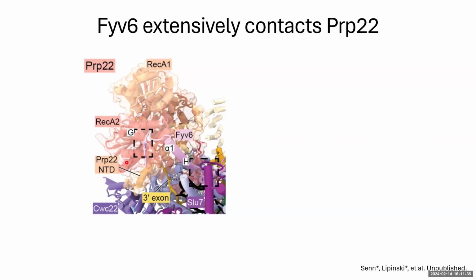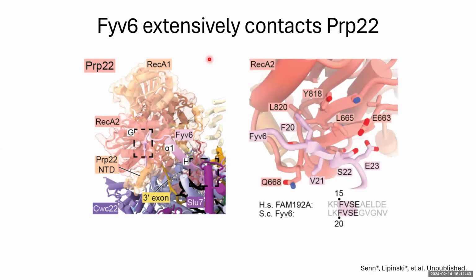Boxed in is a small hook region, as well as the first alpha helix of FYV6 that are making these extensive contacts. This hook region of FYV6 was very interesting, given that the sequence conservation is present across yeast to humans, with the human homolog of FYV6 being FAM192A.